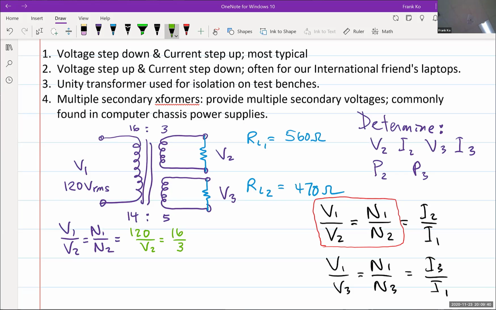Is everybody clear on how we set that up? We just follow the formula. We have two ratios. We have one unknown. So how do we solve this? We cross multiply, yes?